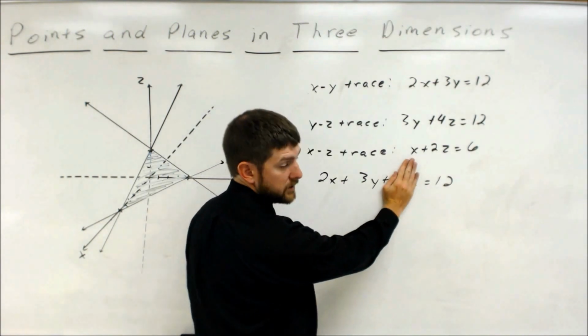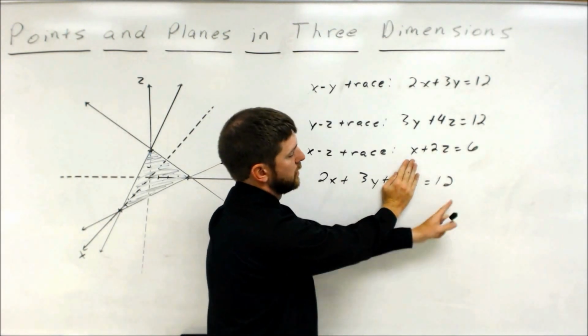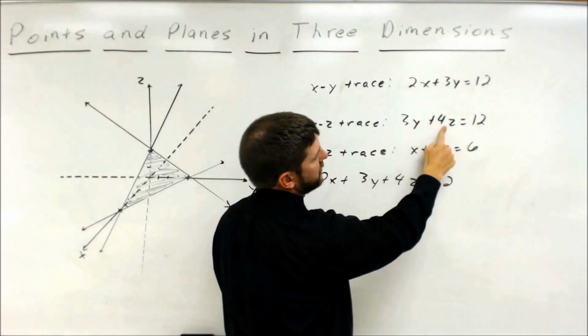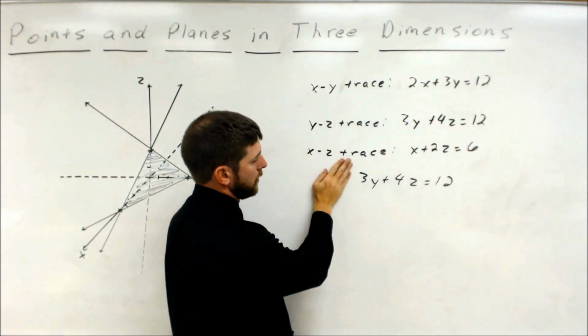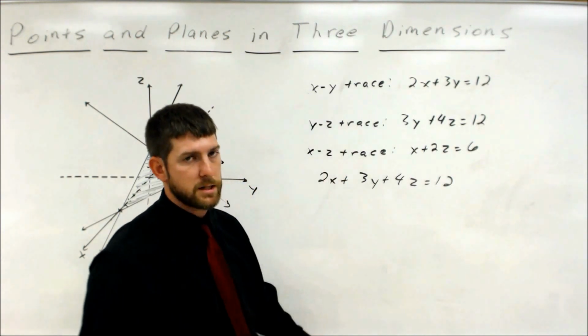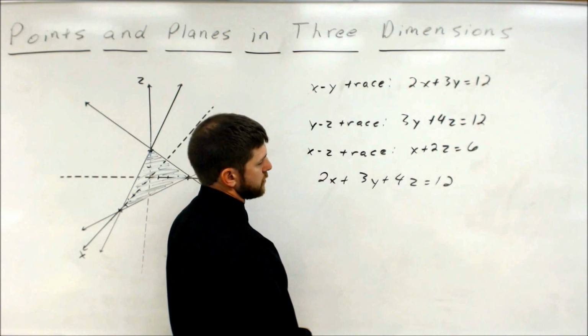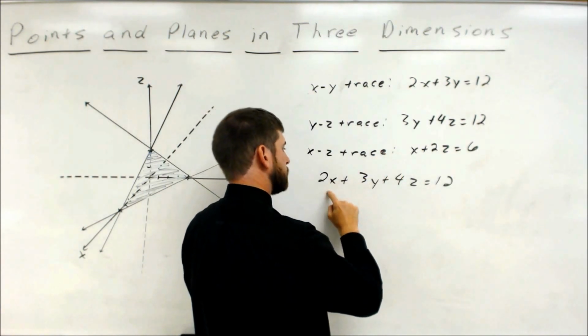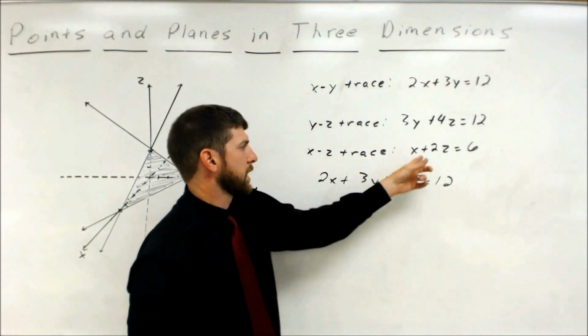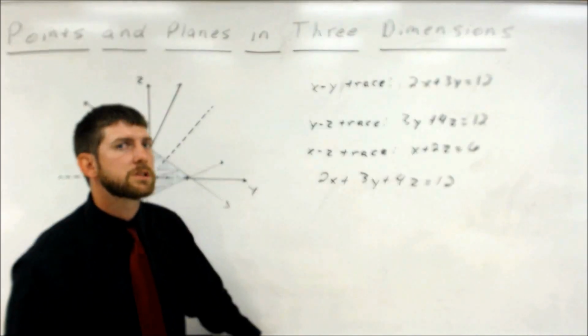It's just the xy, so there is no z to it. YZ trace, 3y plus 4z equals 12. There is no x in the YZ trace. And the XZ trace, 2x plus 4z equals 12. Well, we didn't get that. We got x plus 2z equals 6.